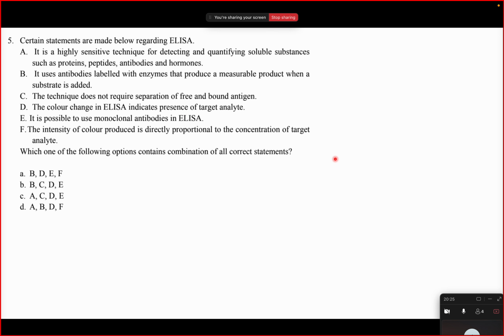As it is a little bit lengthy question, I know most of you will get the right answer, but still I'll give you 2 minutes for this, and your time starts now.